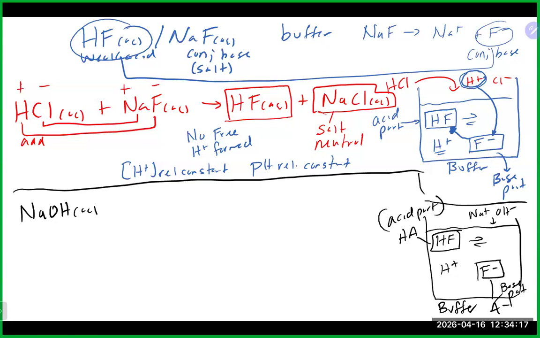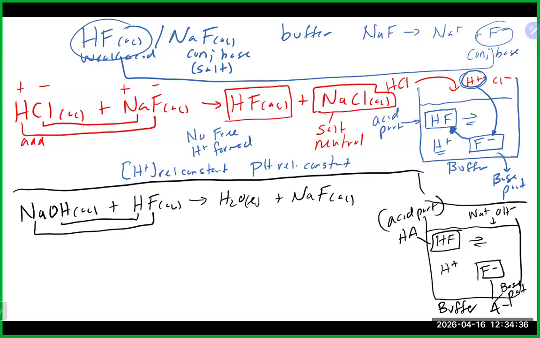Sodium hydroxide is a base, which means it should react with the acid. So it's going to react with the acid. We're going to get just an acid-base reaction, which means we're going to make water, right? And we're going to make a salt, which is sodium fluoride in this case, also a double displacement reaction happening, right? So we're just going to switch partners, basically.